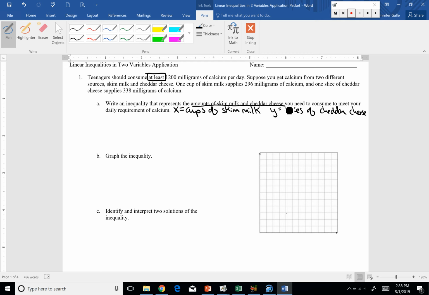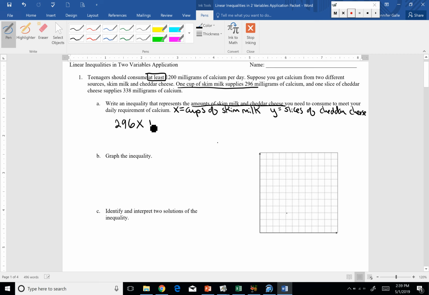So now we have to actually write the inequality. How many milligrams of calcium do we get from a cup of skim milk? How many do we get? Let's see. 1 cup supplies 296. So 296 milligrams of calcium for every cup of skim milk.